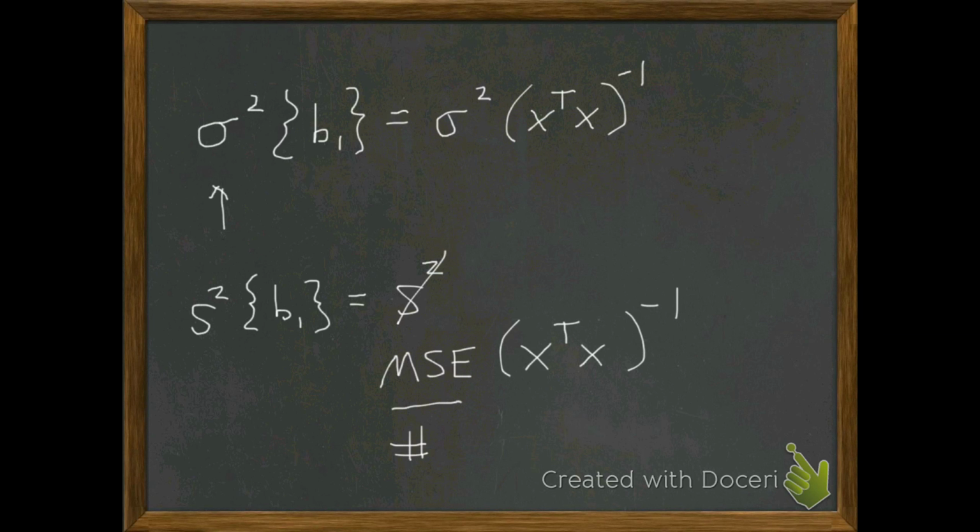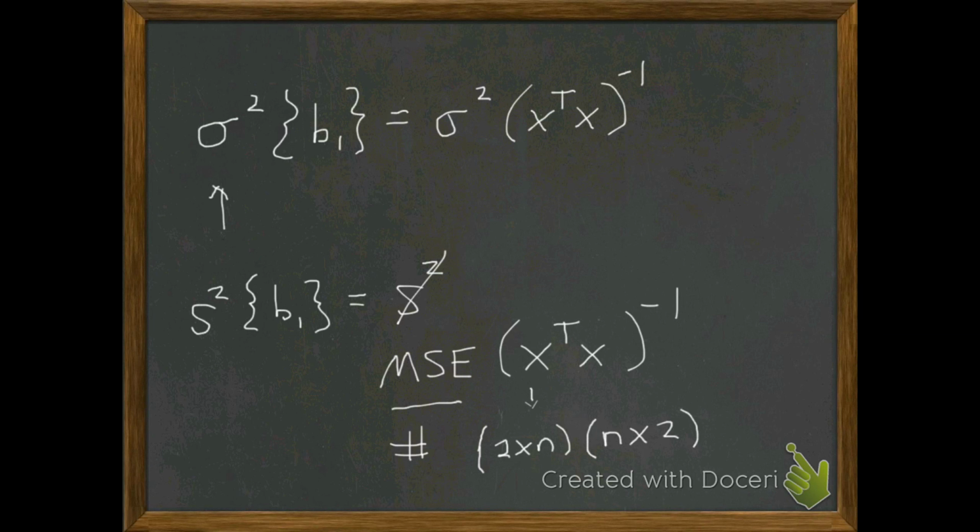And X transpose, when we have two predictors, is going to be a 2 by n, and X is going to be an n by 2.